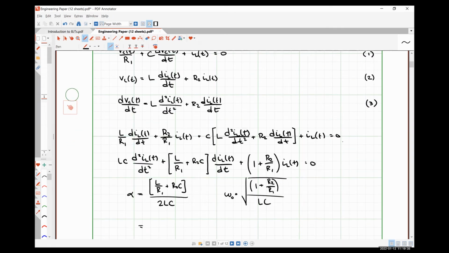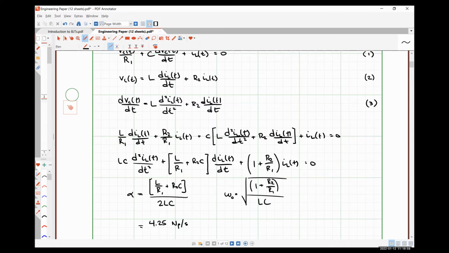Yeah. That whole thing divided by 2 times L times C. So I get alpha to be 4.25 nepers per second.